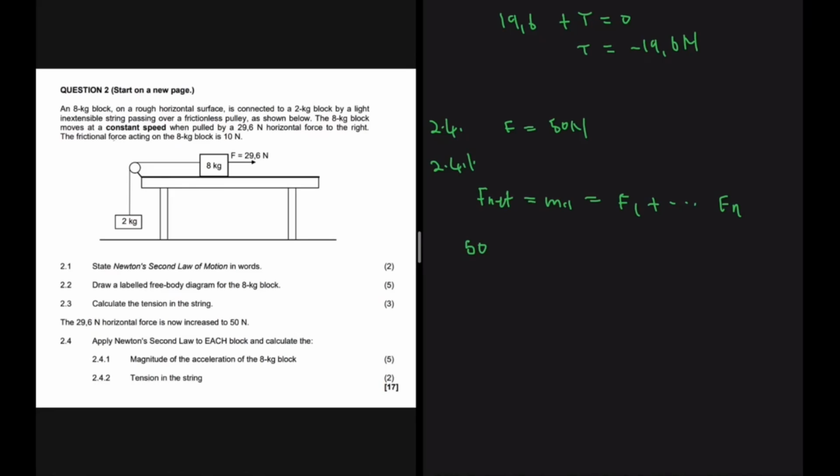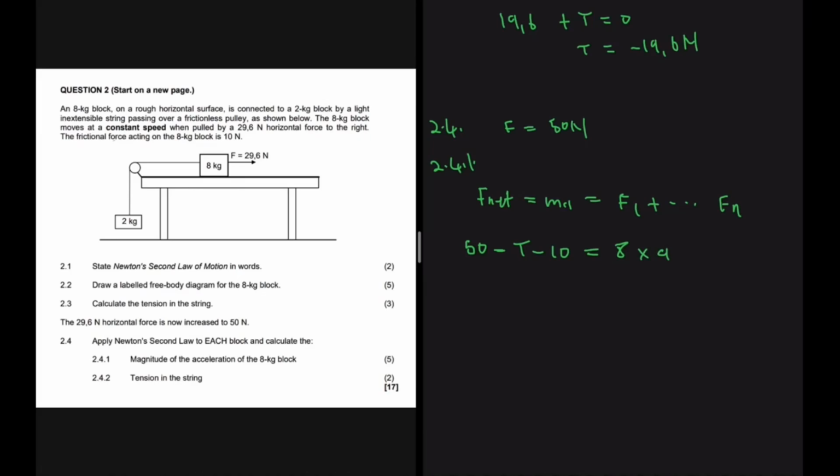Then we have tension opposing, so minus T, and then the frictional force, which is 10 Newton, so minus 10, and that equals 8 multiplied by acceleration.